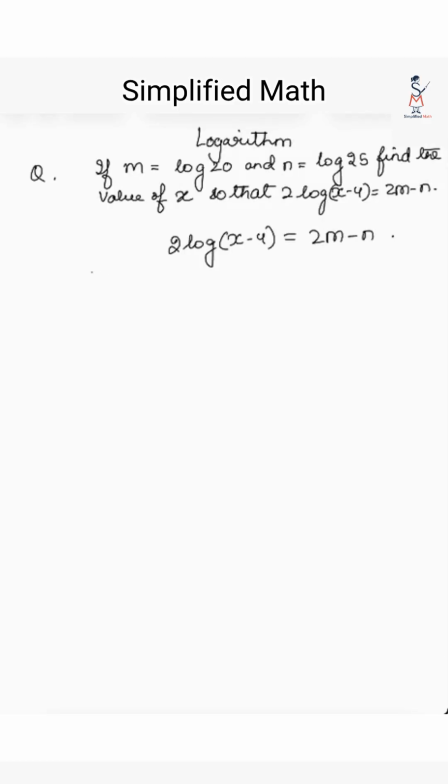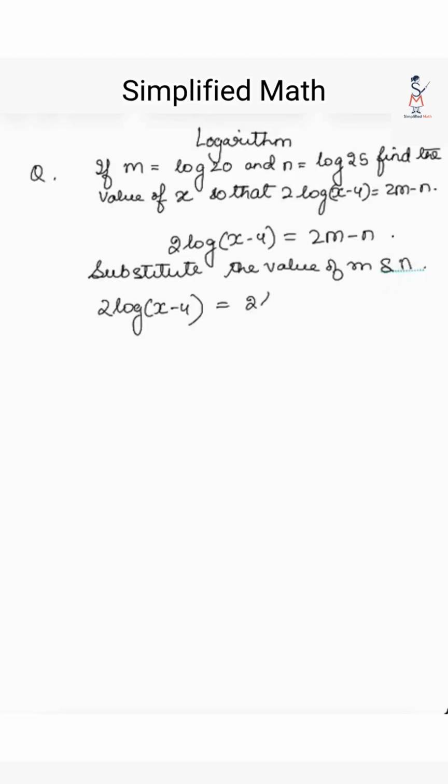So we will substitute the value of m and n. This will turn out to be 2 log (x minus 4) is equal to 2 log 20 for m, minus log 25.